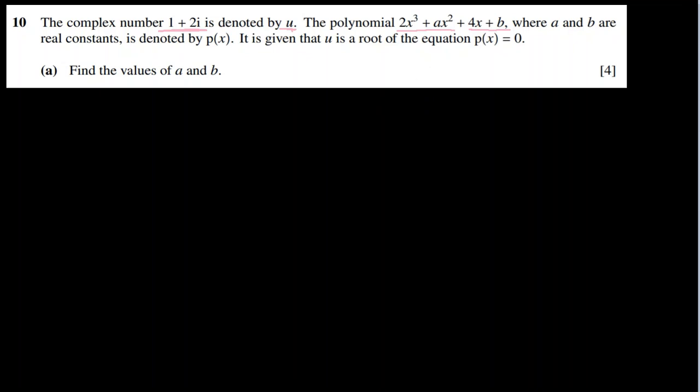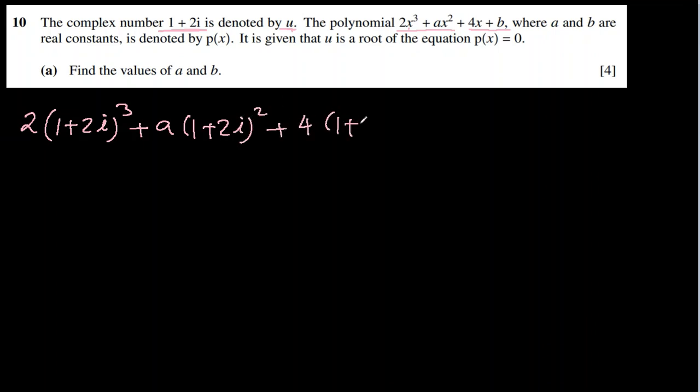That's why it is called a root, because it makes the polynomial equal to 0. And that's what I'm going to do here. So 2, and in place of x we'll plug in u, which is 1 plus 2i, plus a, and plus 4, plus b, and it should be equal to 0 because we have substituted the root.